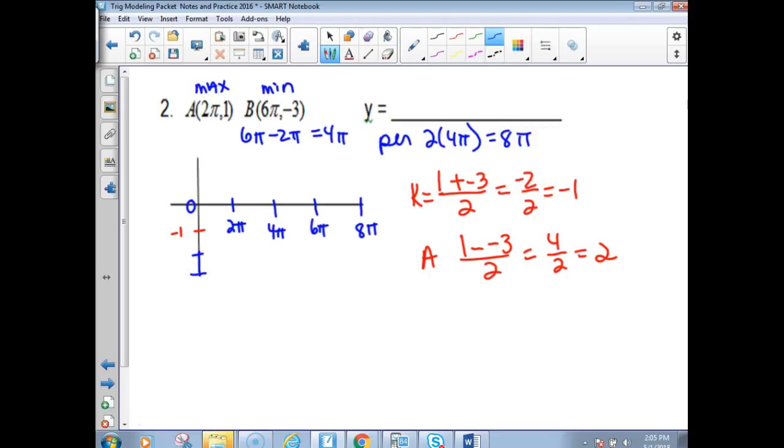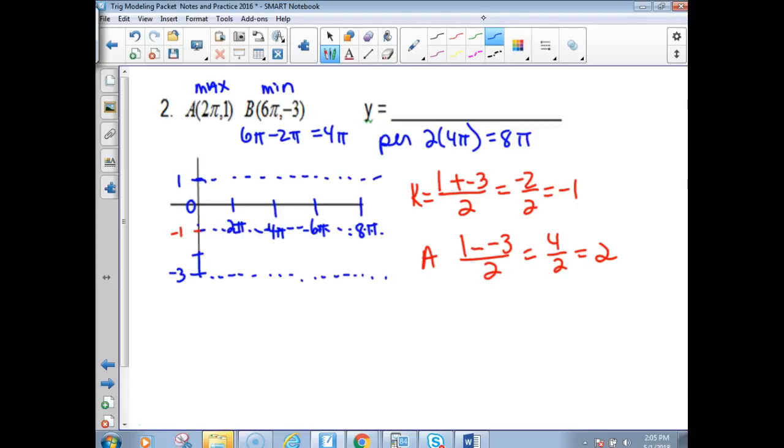I've got to go 2 down from there, so I'll be at -3 for the min. If you want to draw your little dashed lines showing your center line and your min, it's up to you. Now we've got to go above there 2, so we'll be up at a max of 1. And your graph has to stay between there.